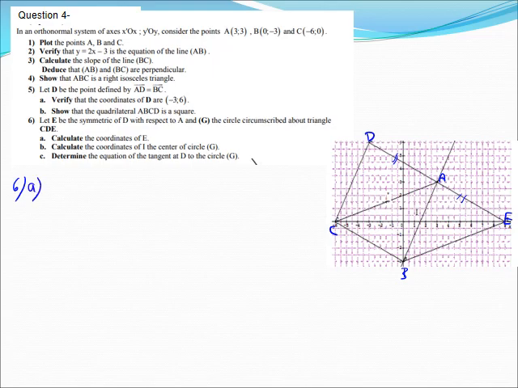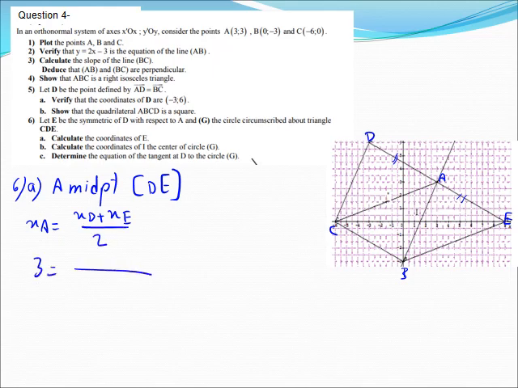Part A. Calculate the coordinate of E. A is the midpoint of DE. So xA equal xD plus xE over 2. xA is 3, xD is minus 3, plus xE over 2.